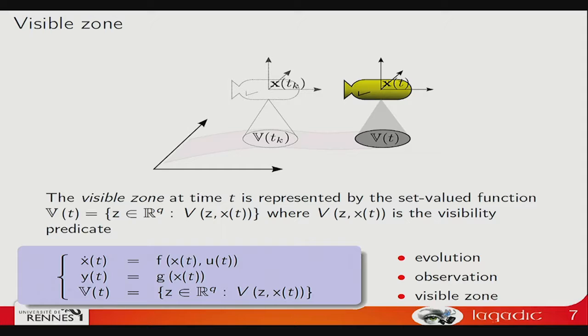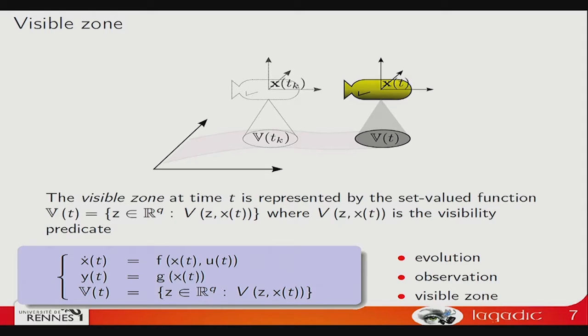We can also define a set-valued function, V, which is the set of all the points in the sensitive space that are visible by the robot sensor at time t. Here it's written V of t, but basically it's V of x of t. It's also a function of the state of the robot.